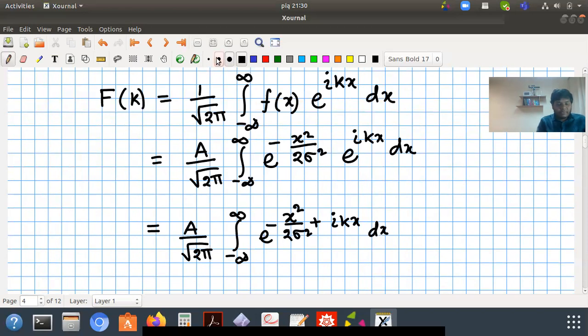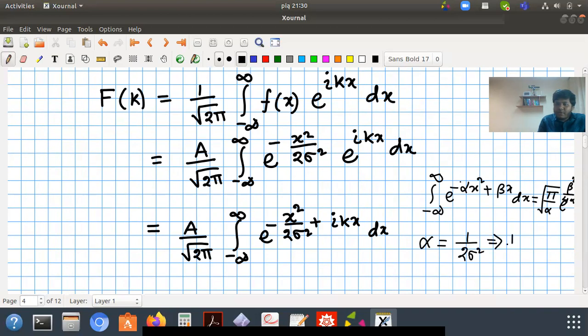Do you remember what we did in the very beginning? I'll just remind you of one of the integrals we discussed: integral from minus infinity to plus infinity of e to the power minus alpha x square plus beta x dx, which is square root of pi over alpha, times e to the power beta square over 4 alpha. Okay, so if I compare these two, our alpha will be 1 over 2 sigma square, and beta will be i k.